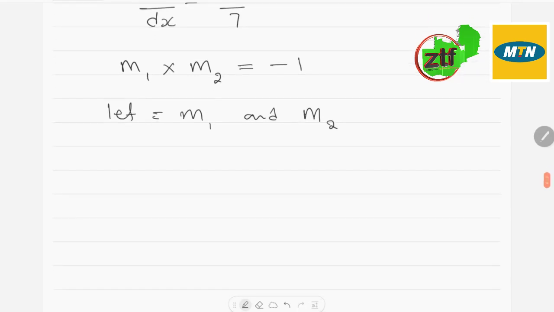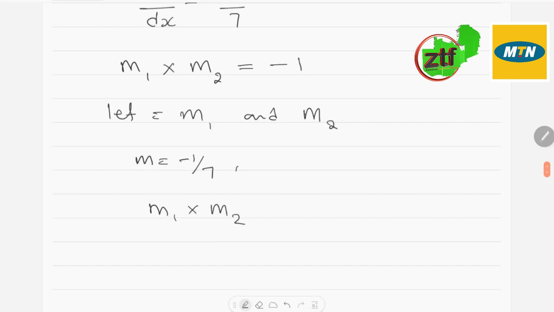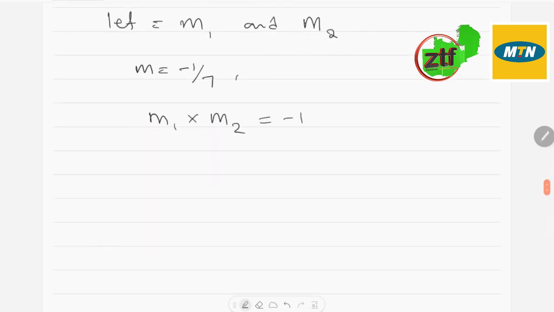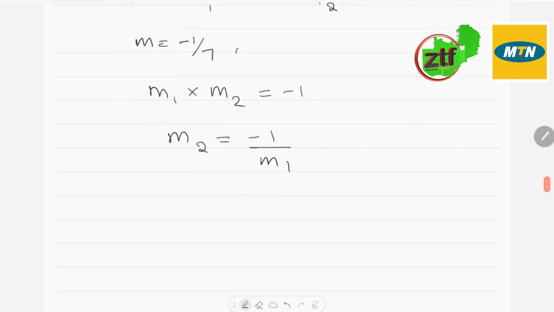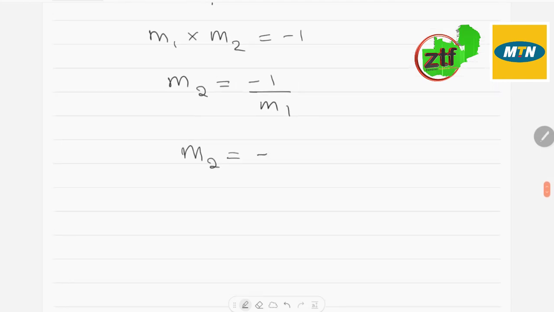then we are going to say m1 is equal to negative 1 over 7. Okay? Then m1 times m2 will give us negative 1, and therefore m2 will give us negative 1 over m1. So substituting m1 with negative 1 over 7, which is the gradient of the function y, equation 1, we have m2 is equal to negative 1 divided by negative 1 over 7.